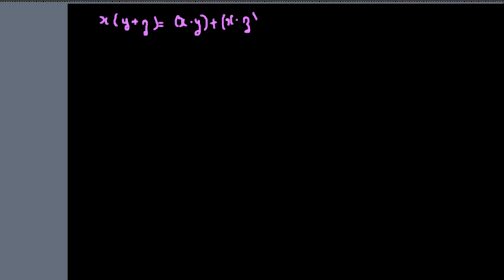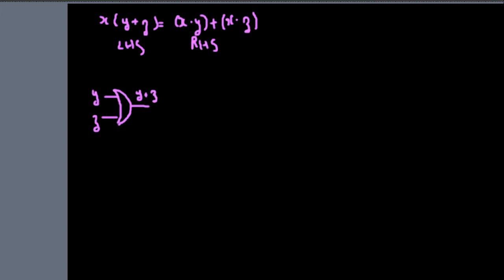This is the left hand side and this is the right hand side of the expression. Let's draw the logic gate representation for this LHS. Now y plus z, plus means OR, so we have y and z and you pass them through an OR gate, so you'll get y plus z.